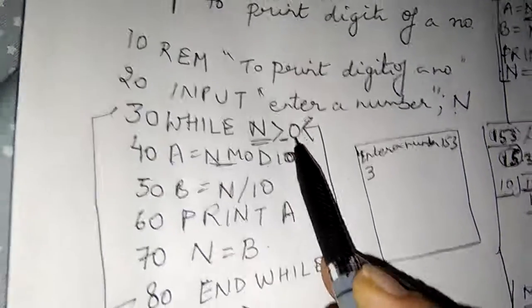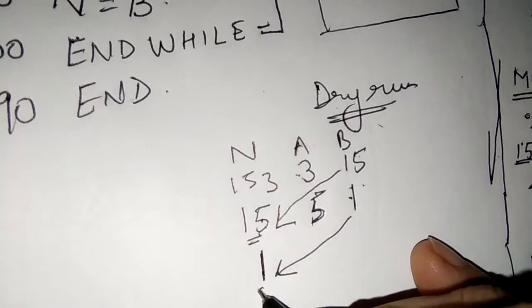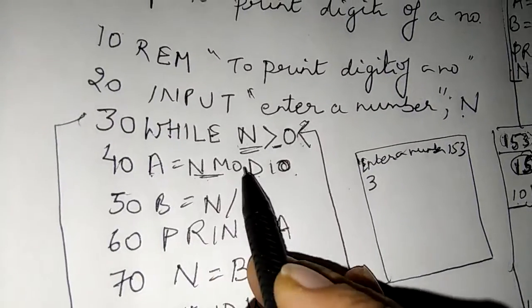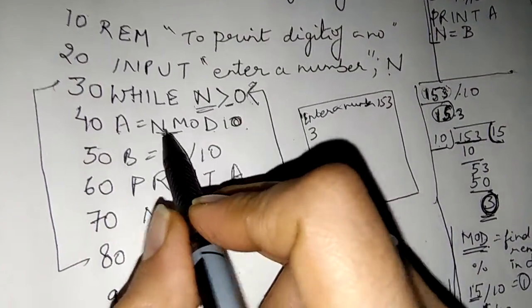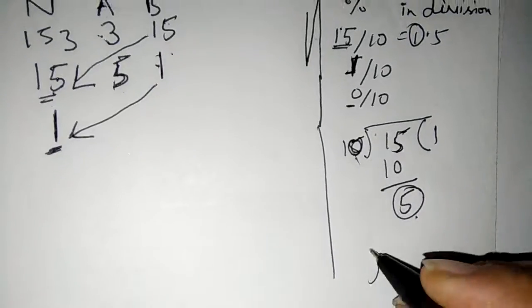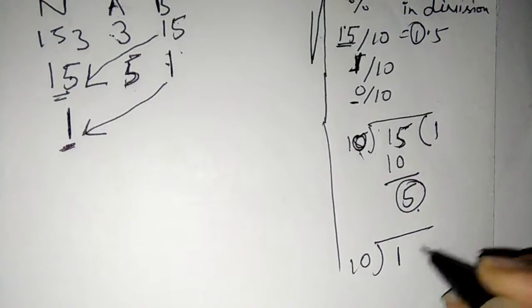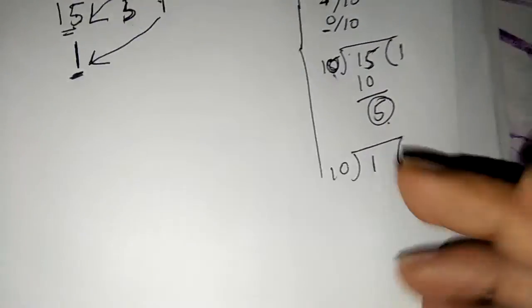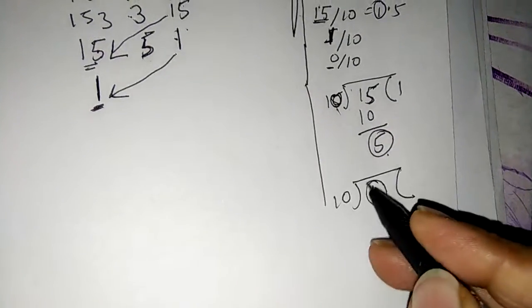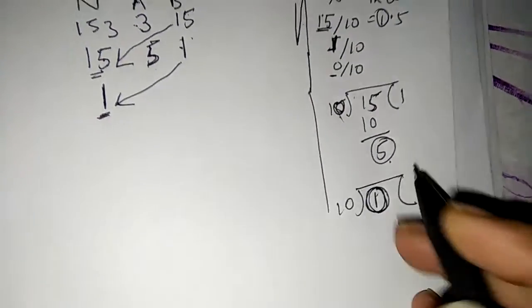The condition is n is greater than 0. Yes, n is greater than 0. A is equal to n mod 10. Dividing the value of n by 10, what is the remainder? Now 1 is divided by 10. Because it cannot be divided, as it is less than 10, the remainder is the value itself.